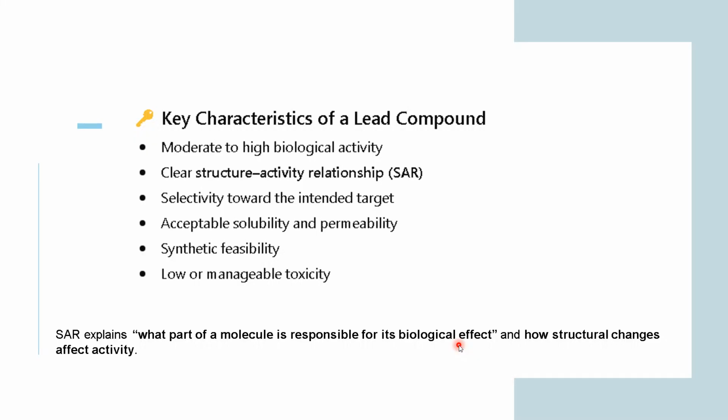So if the lead compound is causing a structural change in the molecule, you should see how that structural change affects the biological property. This is how you should have a clear picture of the structure activity relationship between your lead compound and the target molecule. Okay.